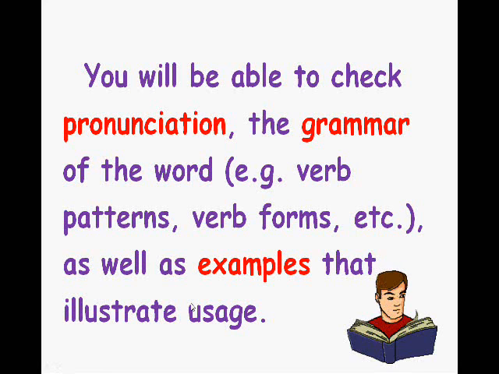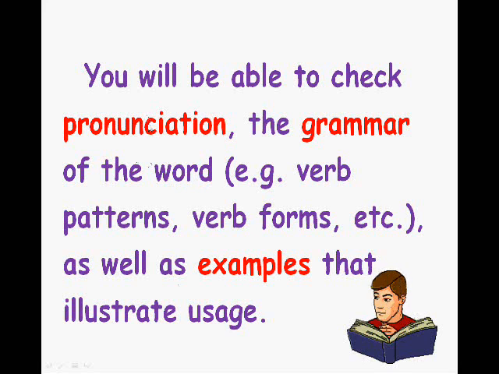Of course, if you use a dictionary, you will be able to check pronunciation and the grammar of the word. When we say grammar of the word, it means the verb patterns, like the tenses and verb forms, as well as examples that illustrate usage.